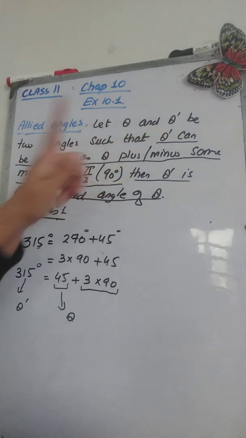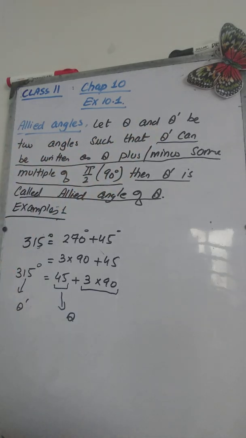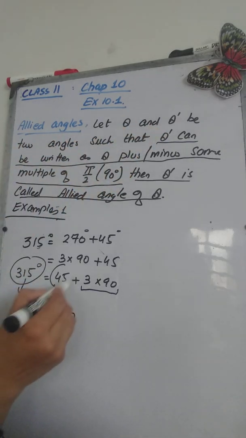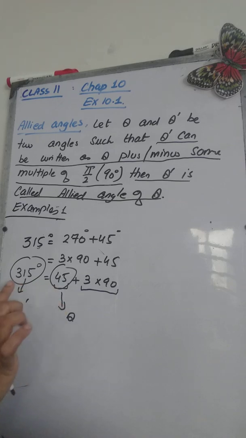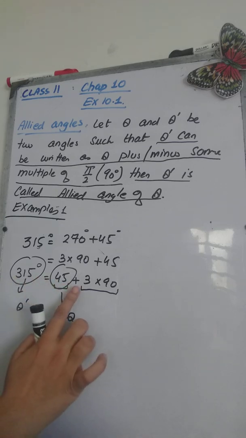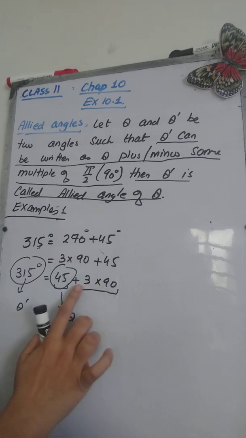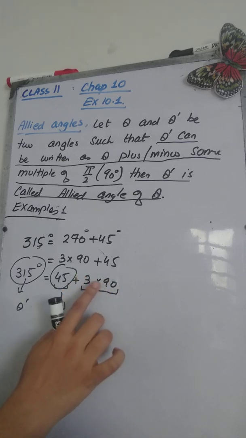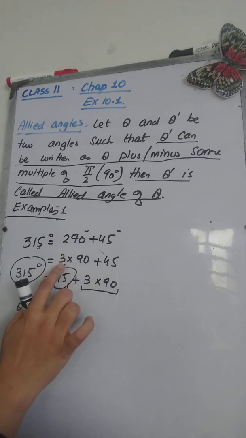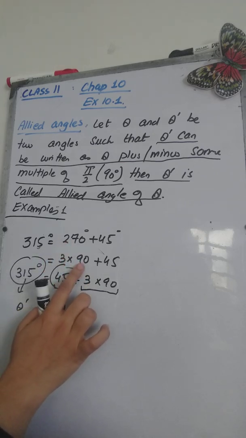Let theta and theta dash be two angles. Here we are talking about two angles. In this example these are the two angles, theta dash and theta. Let these be two angles such that one angle is written as theta plus some multiple of 90. This number 270 is a multiple of 90 because it can be obtained by multiplying 3 by 90.